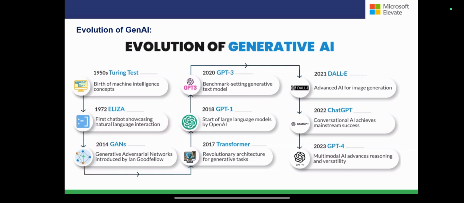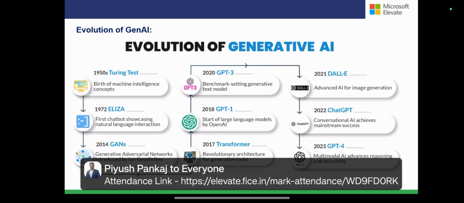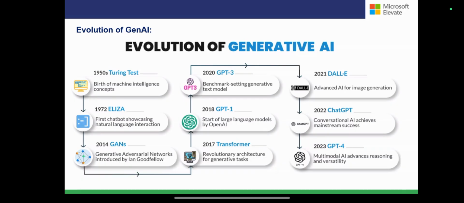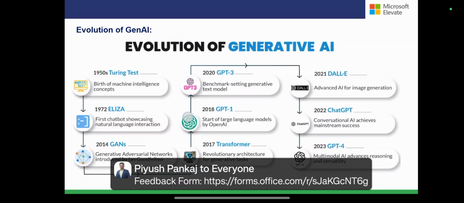As we started the evolution of generative AI, you are aware of how the Turing test started, right? In the year 1950, this was the first thing that came into existence, called the Turing test. Let me tell you about it as well.